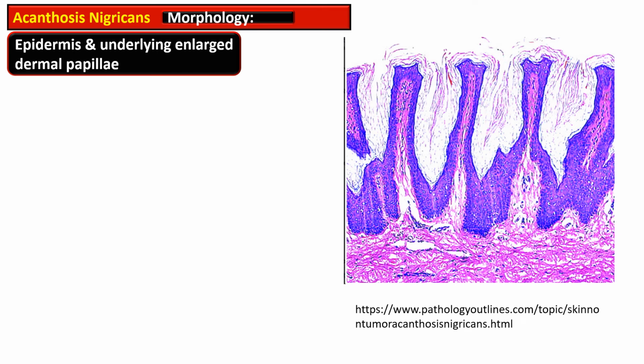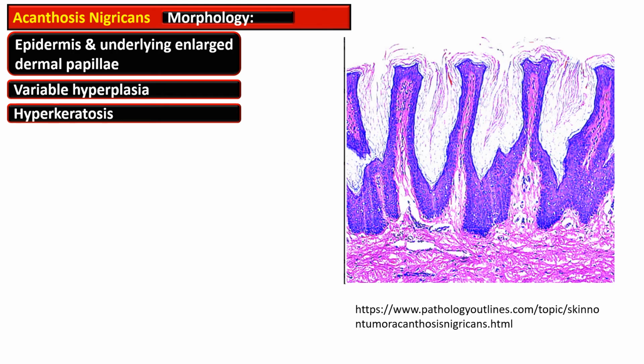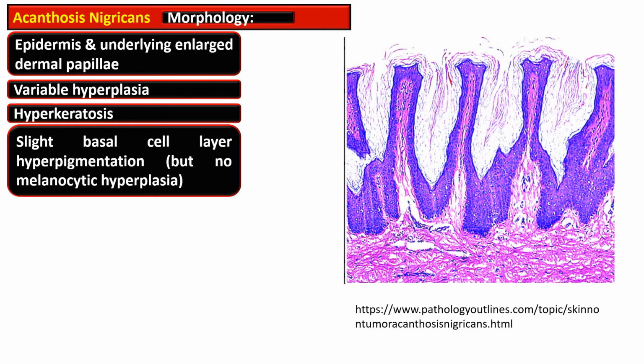There is a variable hyperplasia, and it is associated with hyperkeratosis. There is slight basal cell hyperpigmentation, but there is no melanocytic hyperplasia, and usually there is no dermal inflammation.